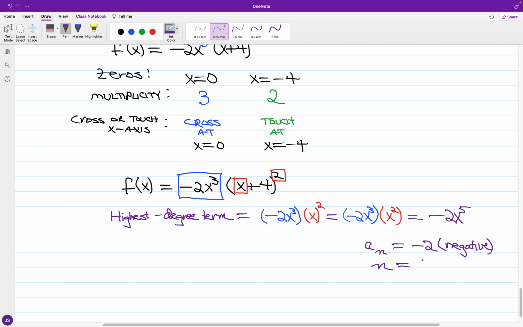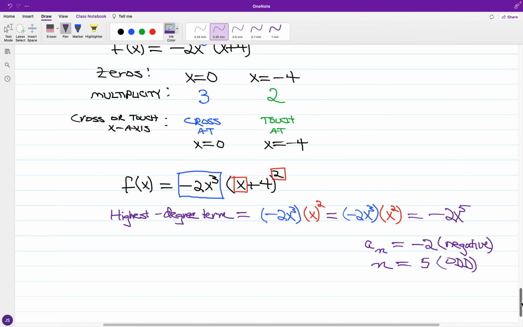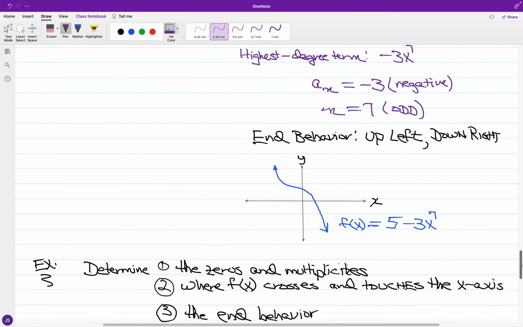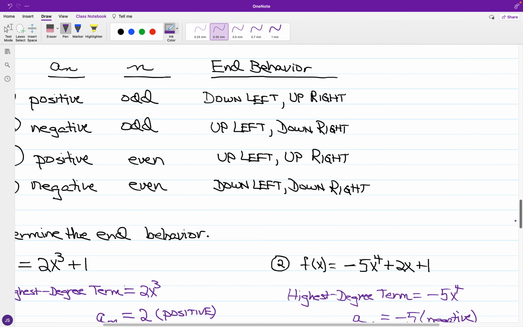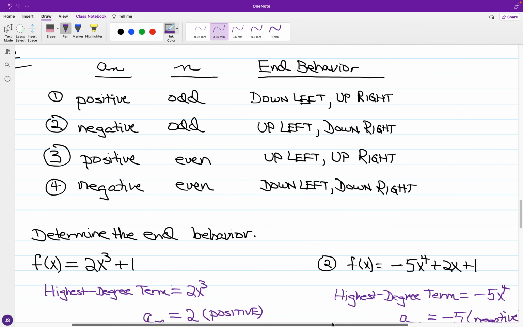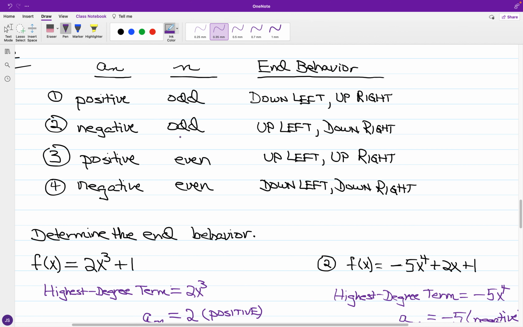And the value of n had to be 5, which had to be an odd amount. And for the end behavior, whenever you have a of n negative and n odd, you have up to the left and down to the right.